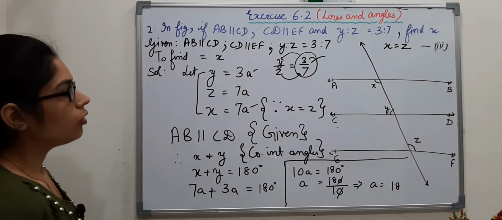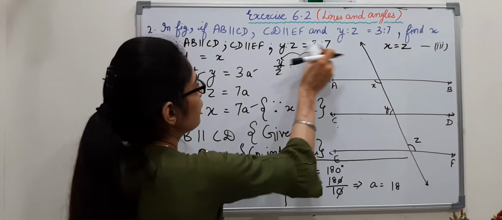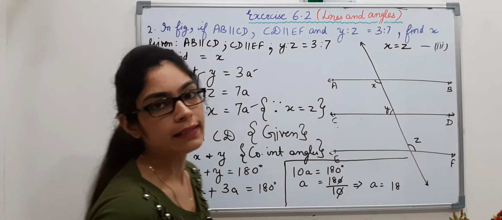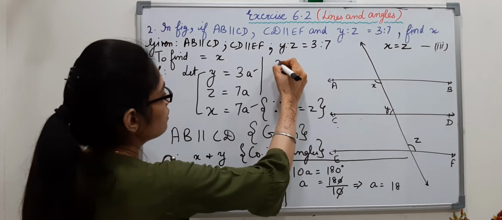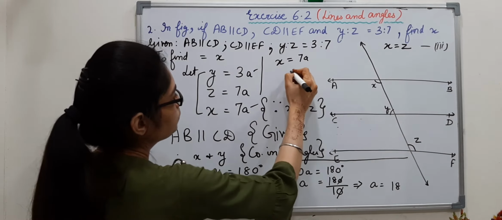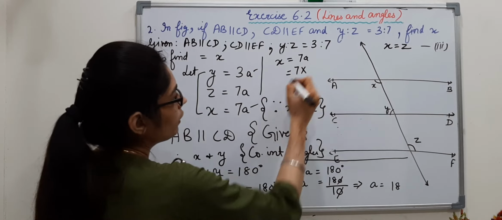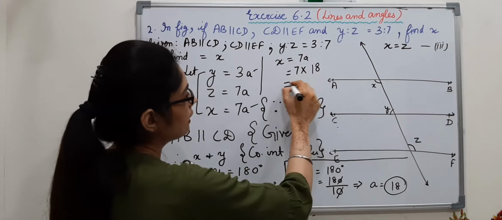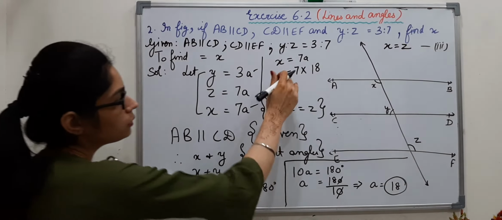Now we know the value of a is 18, we can easily find the value of x because the question is to find x. So x is equal to 7a, 7 into a. So a is 18, we can substitute the value of a as 18 and do the multiplication.